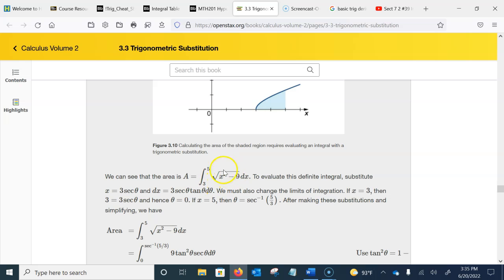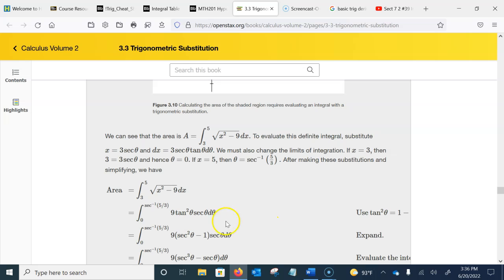So this would be absolute value of a tangent theta, in this case 3 tangent theta, and then the dx will be 3 secant theta tangent theta d theta. So we're going to get 2 of these tangent thetas being multiplied, so we're going to have a tangent squared theta. And I'm going to get a 9 coming out because the dx will give me a 3, and this radical will also contribute a 3.